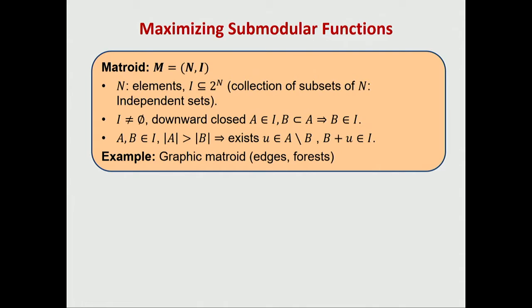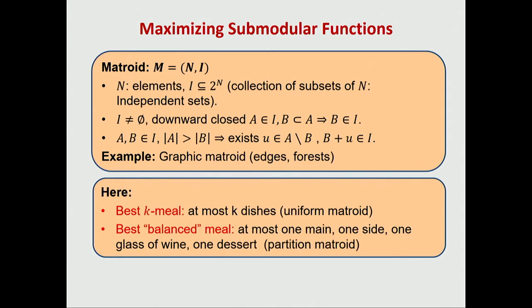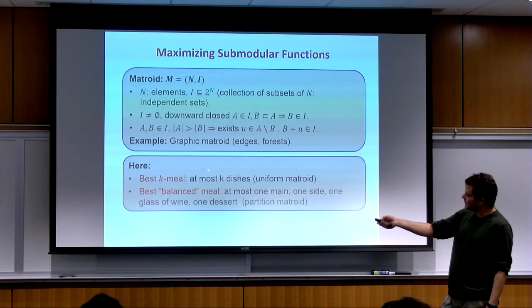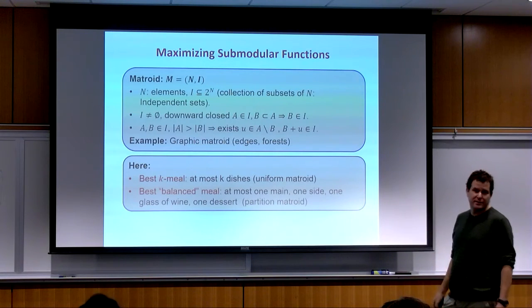Here you don't really need all the power of matroids. You can think, if you want, of a graphic matroid. In a graphic matroid, you have a graph, elements are edges, and they are independent if they contain no cycles. So a spanning tree is independent, for example. But here, for most of the talk, except for the very end, you should really think about very simple matroids. One is just find the best k meal, that is, find the meal with at most k dishes.